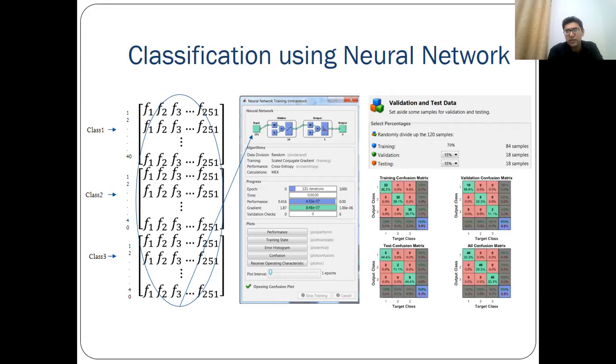These are the confusion matrices for training, validation, and testing. And last is the overall confusion matrix. In the training, you can see we have a total of 84 samples which are correctly classified, and then we have validation 18 samples, and then testing 18 samples. And on the right side, you can see we have accurately classified all the samples.